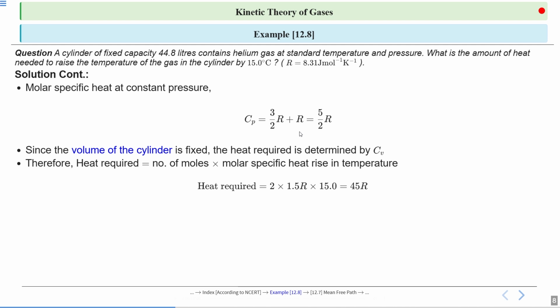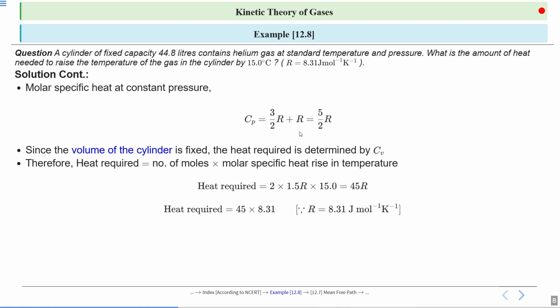This simplifies to 45 R. Here we used 2 moles because the problem implies a standard molar volume, and 1.5 R is the specific heat at constant volume for helium. So when we solve, you will get heat required equal to 45 R.